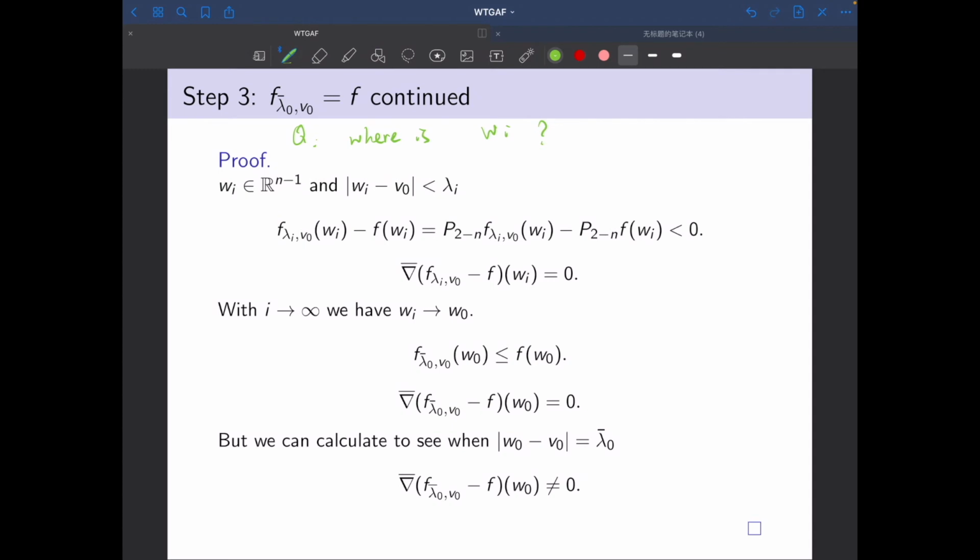The answer is that Wi has to be in Rn-1, and its distance to the center of the sphere has to be strictly less than the radius of the sphere. In terms of drawing, it's like this. This is v naught, and this is lambda i. Then Wi has to be somewhere here.